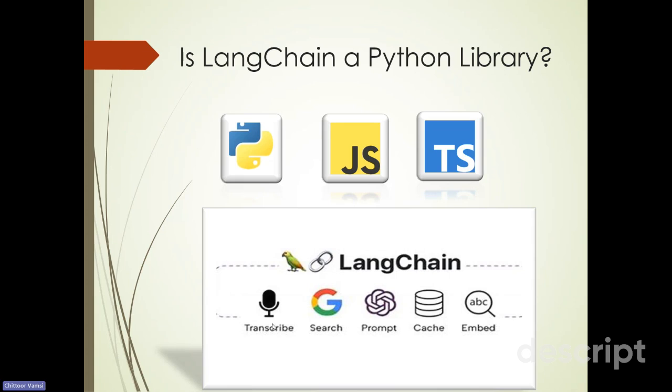Work is also in progress, with people all around the world trying to extend support to other languages. But as of now, the top supported languages are Python, which is the very first one and the most flexible and most powerful language supported by LangChain.